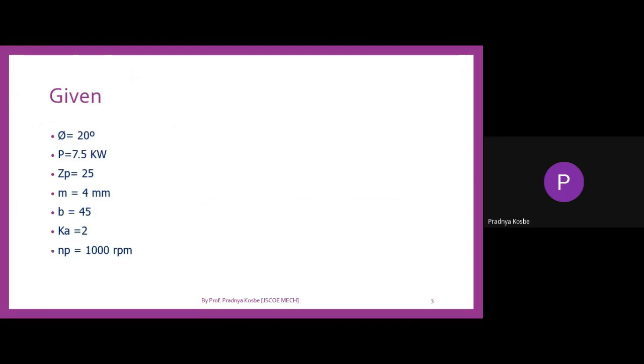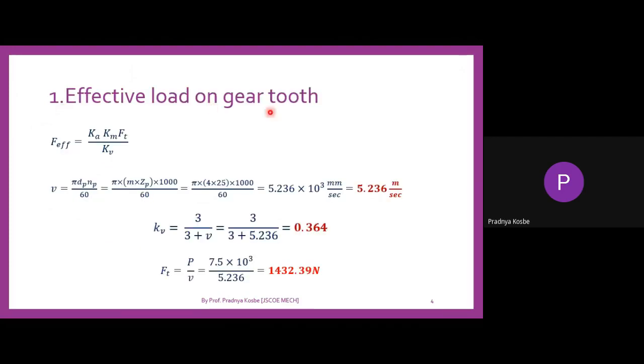First, effective load on a gear tooth. F effective is equal to K Km Ft divided by Kv, because we have to consider velocity factor for the dynamic loading.